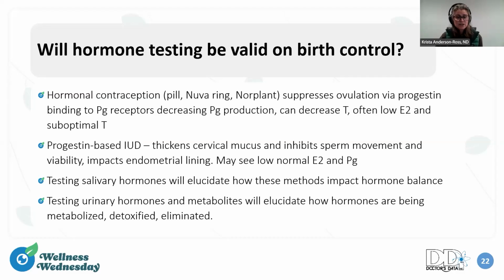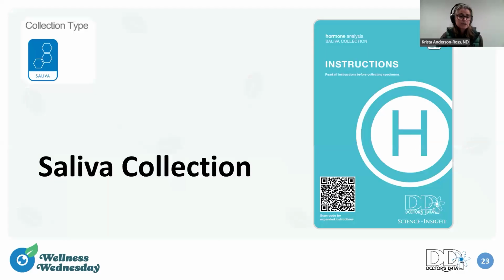Because we can't measure progestin in our laboratory test system, the results are going to reflect suppressed production of progesterone. A progestin-based IUD, such as the Mirena, is a slightly different mechanism because it thickens cervical mucus and it inhibits sperm movement and viability. So you may see normal or low-range estradiol and progesterone even on a hormonal IUD.